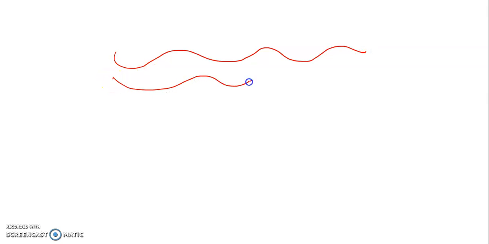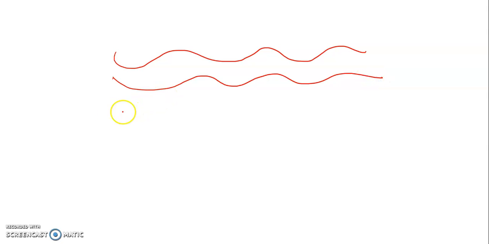Next, I will give you a brief explanation to define this viscosity. Take a liquid, any liquid. This liquid has different layers like this.